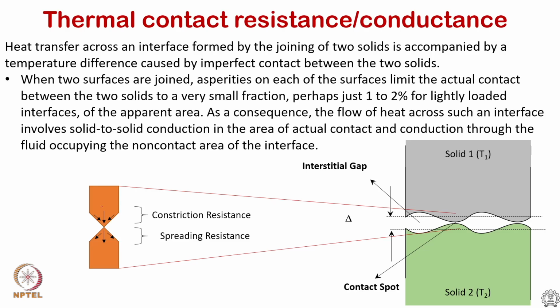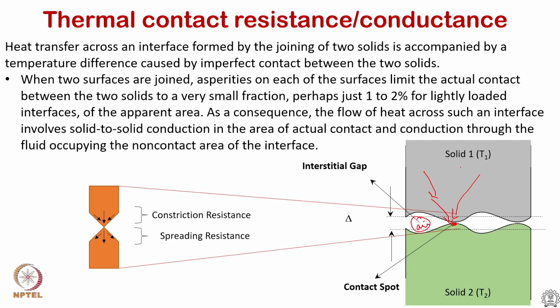In this case we have a material 1 and a material 2, and heat is flowing from the top, and usually what happens is it tries to go through these contact spots, because these pockets are filled with air, or if it is in vacuum, only radiation may happen.